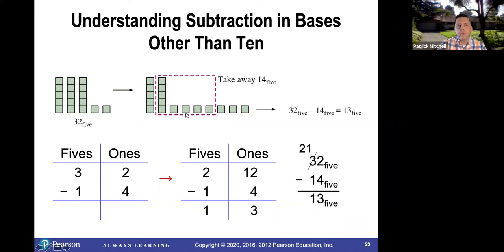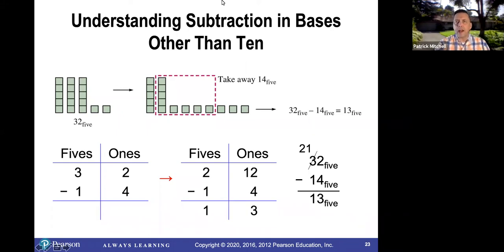Notice there's 2 units here, but after I traded in one of my longs, I have 5 more units. And now I can take away 1 long and 4 units. I'm left with 1 long and 3 units, which means that 32 minus 14 is equal to 13.